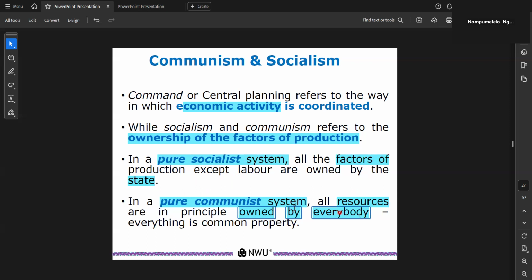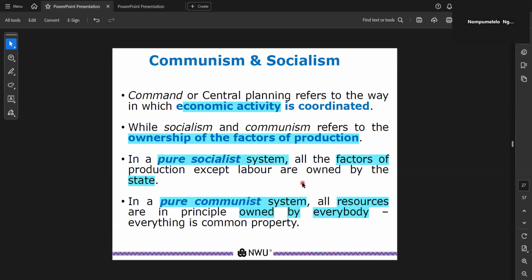To remember, in the community everyone is there, and what does everyone own? The resources. Maybe this might not help you guys, but it does for me. So the difference is that in pure socialism the factors of production are owned by the state, and in pure communism resources are owned by everyone.